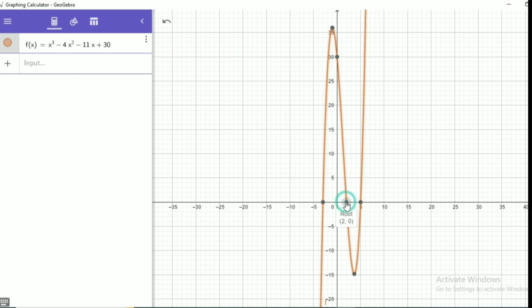For this root, the x value is 2. And from the previous results, the factor itself was x minus 2. When we equate that to 0, we have our root to be 2. So the second result also is correct. And lastly, the third root is 5. Our x here is 5, which also shows that what we have done in the previous solution was perfect.